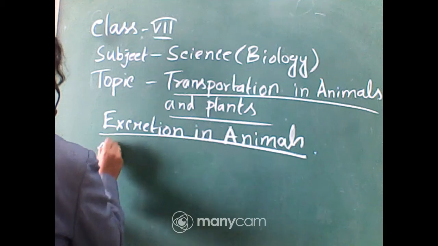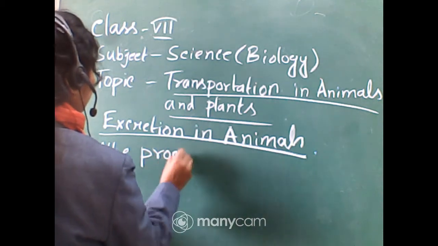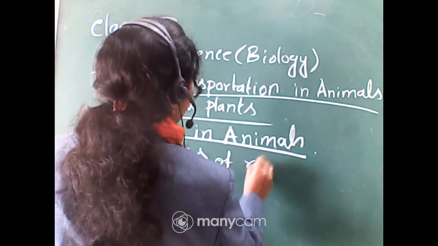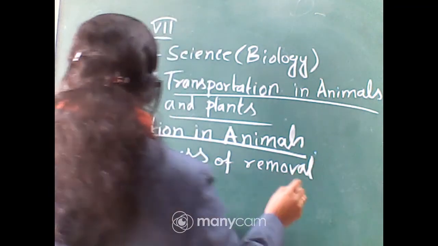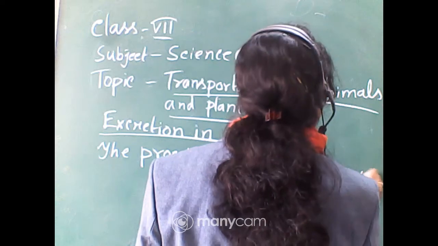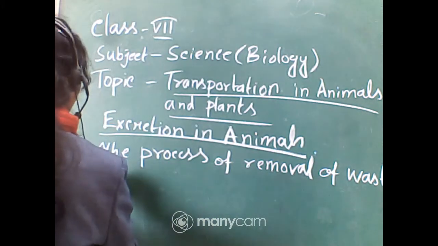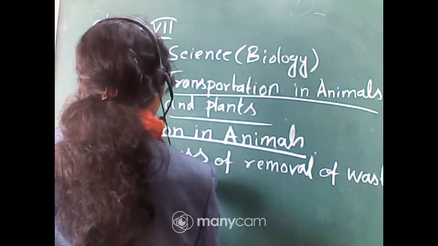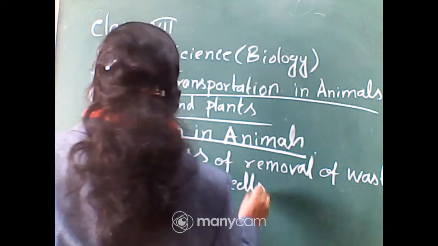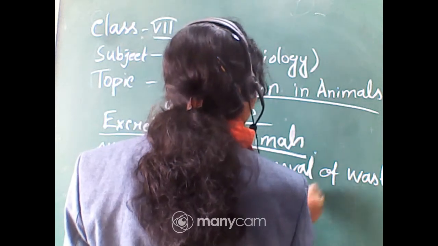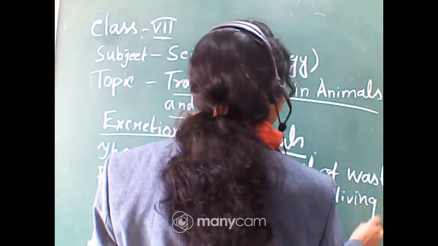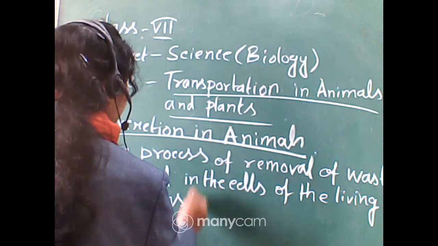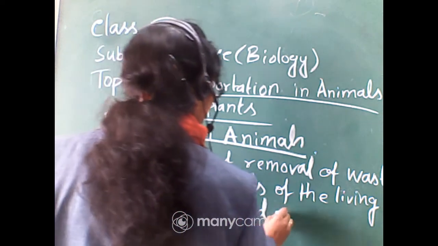You can write: the process of removal of waste produced in the cells of the living organisms is called excretion.